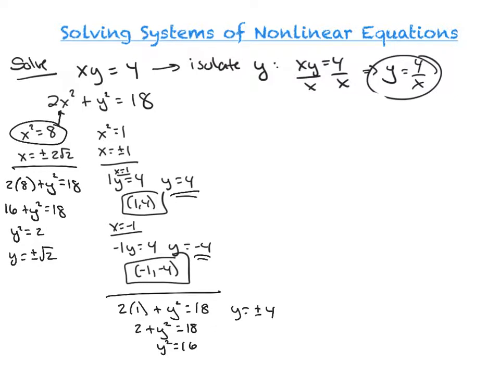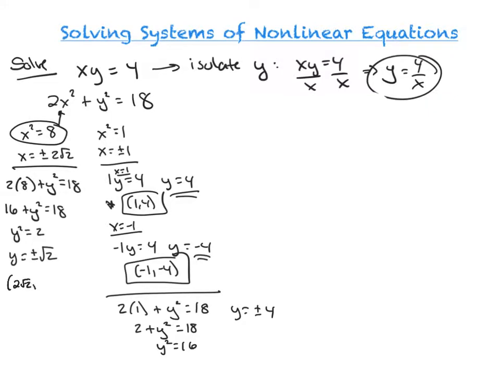Now I can cut a little bit of a couple corners here because I already know that positive x's go with positive y's because they have to multiply to be positive 4, and negative x must go with a negative y to multiply to be a positive 4. So then I get the result.